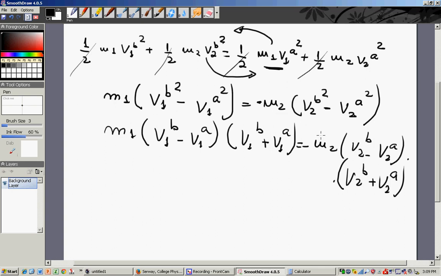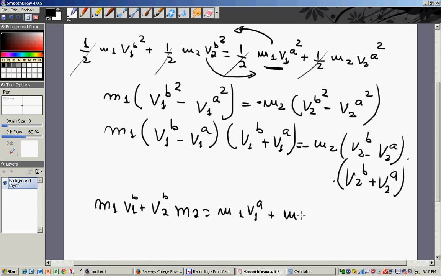from conservation of momentum, because in conservation of momentum you have these, right? Before, m1 v1 after. This is conservation of linear momentum.